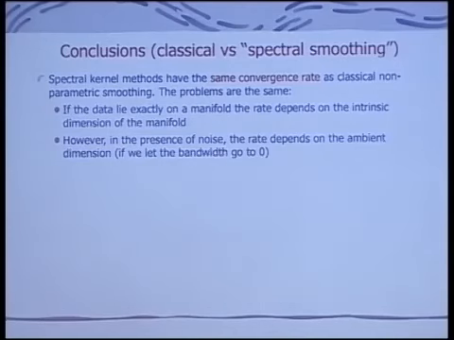Okay, so the take-home message here. What's the dimension then? Well, the take-home message is that spectral kernel methods and classical non-parametric smoothing actually have the same convergence rate. You have to formulate what you want to minimize, and the problems are the same. Now, if the data lie exactly on a manifold, then the rate of convergence depends on the intrinsic dimension of the manifold.